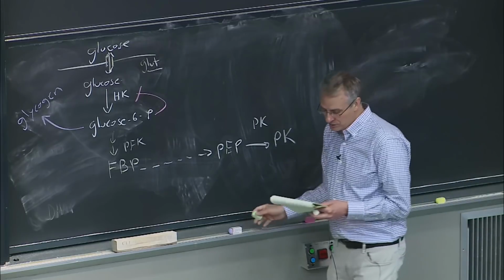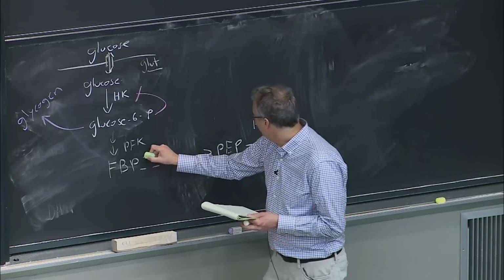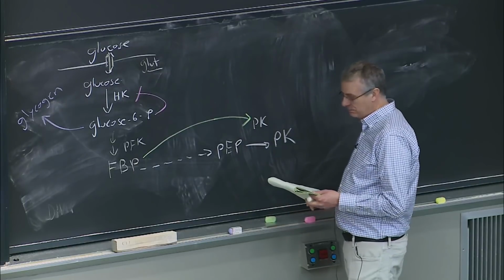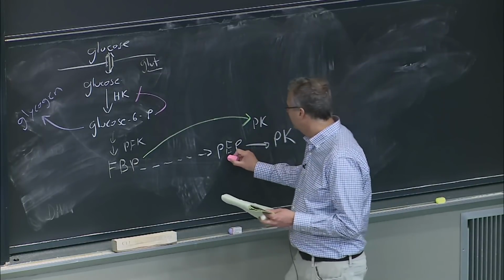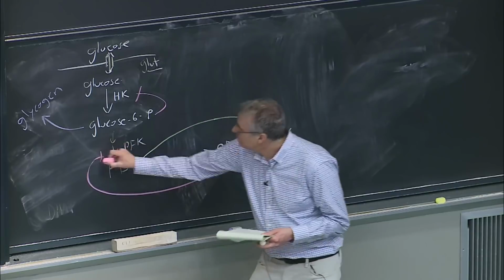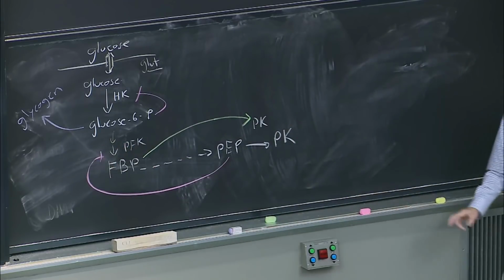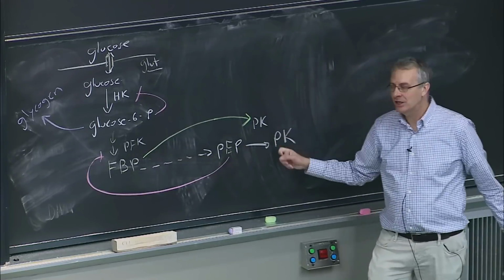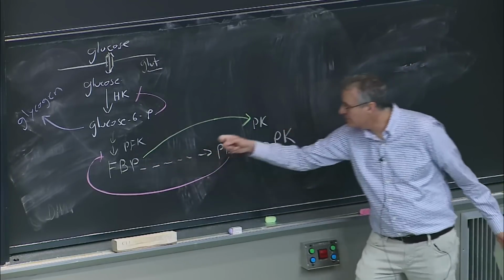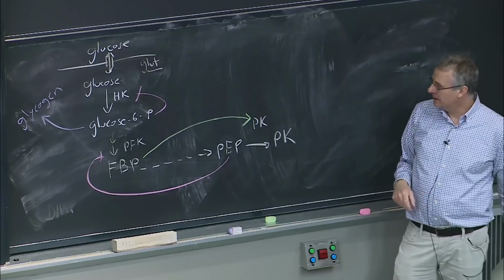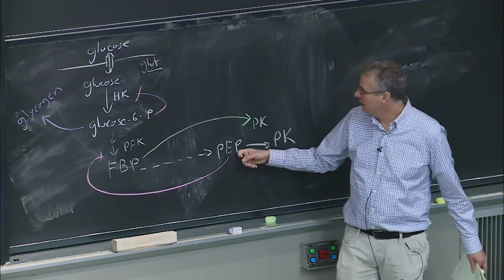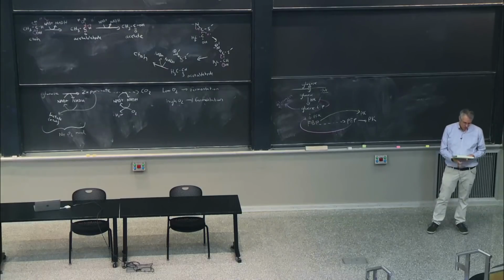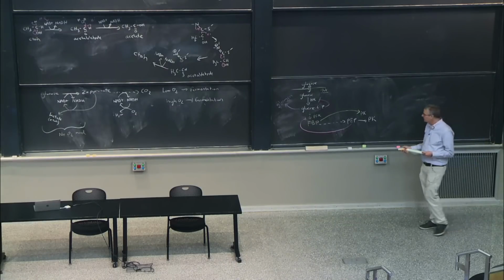And it turns out that FBP will stimulate pyruvate kinase, whereas PEP will inhibit phosphofructokinase. Makes sense. You want to match input to output. If you have a lot of FBP, activate the enzyme to dispose of it. If you're building up PEP, tell you to stop sending molecules down the pipeline.